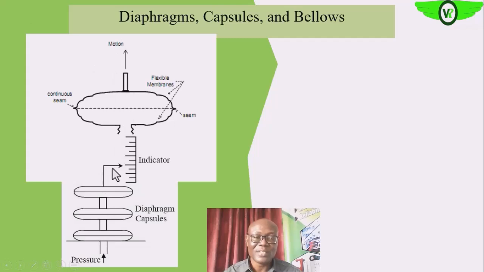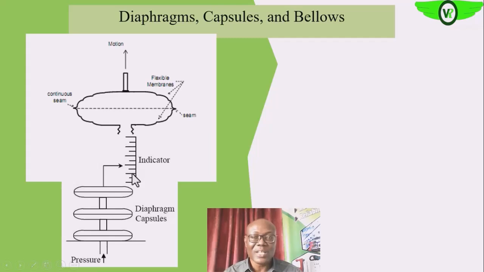You see, it rises, and then it moves the spindle on the indicator, as we saw in the case of the diaphragm. Once the pressure in the capsule has increased, you see this movement here. The spindle is attached to the indicator, and that gives us or registers the pressure.